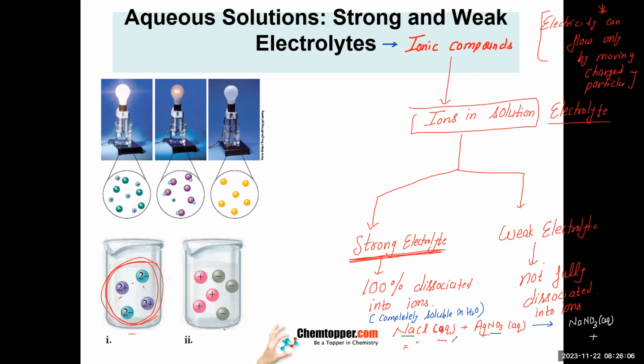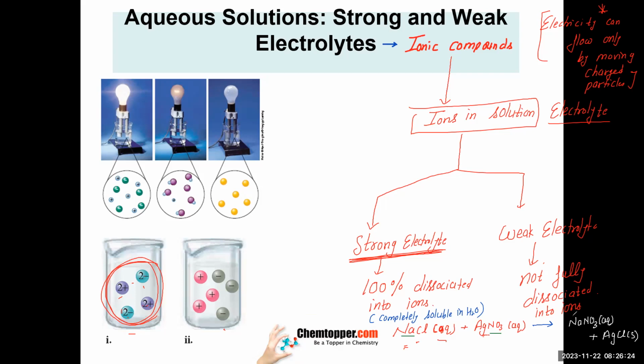Plus Cl- will go to Ag+. Metal should be written first, so Ag will come first: AgCl. You remember this is the one which was not soluble, a solid.